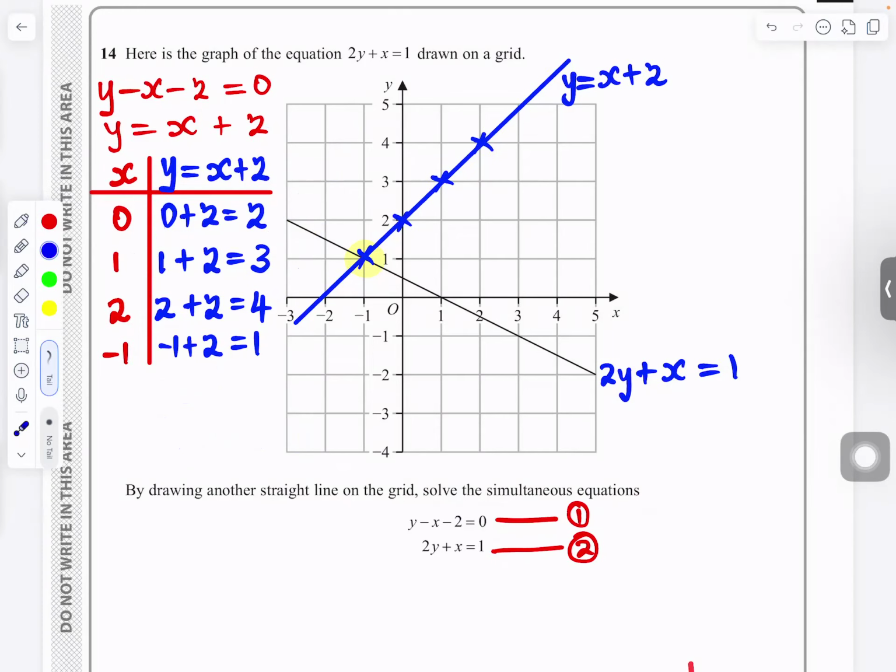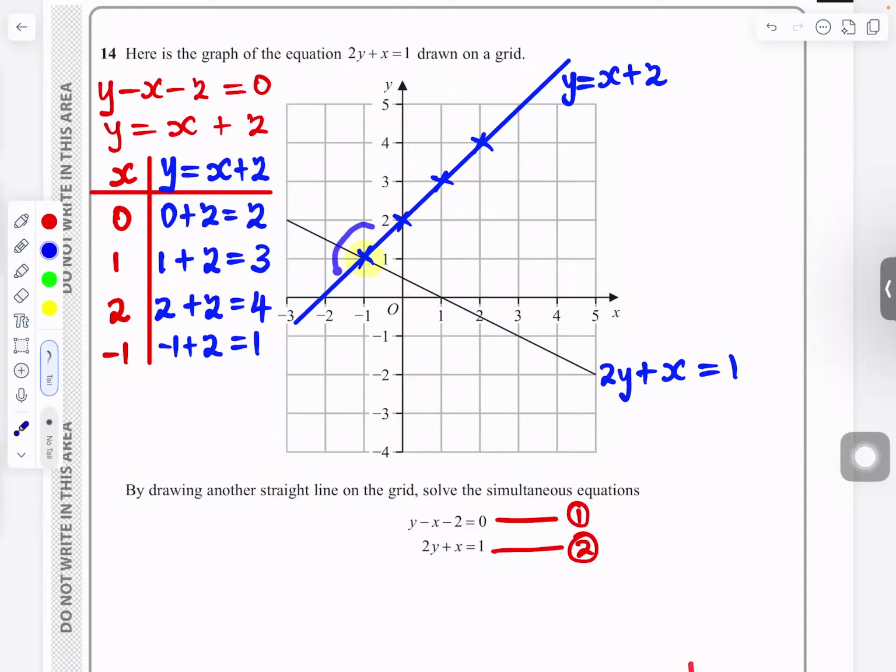Now you plot the points. 0, 2, you mark it there. Next one, 1, 3, 2, 4, and the next one, minus 1, 1, you mark it there. And the solution of the simultaneous equations is where the two lines meet.